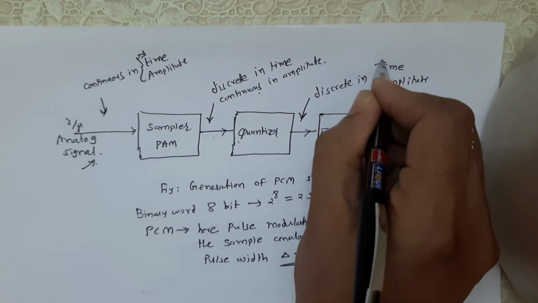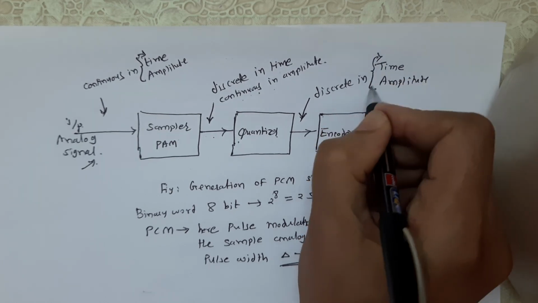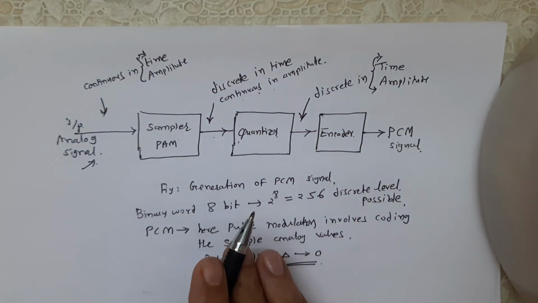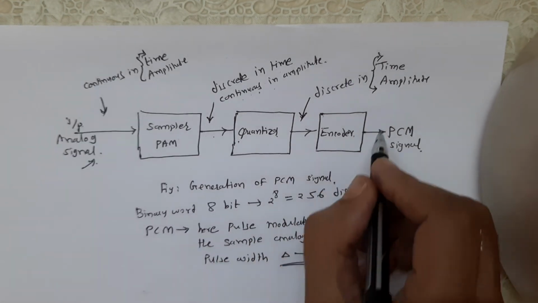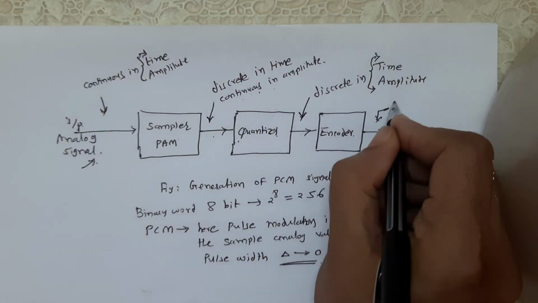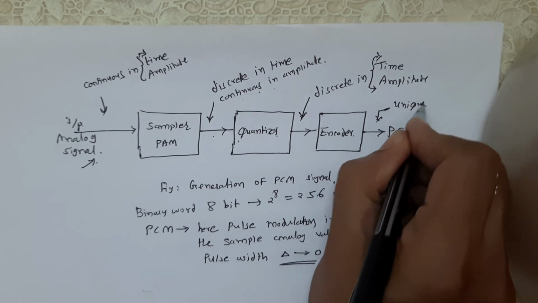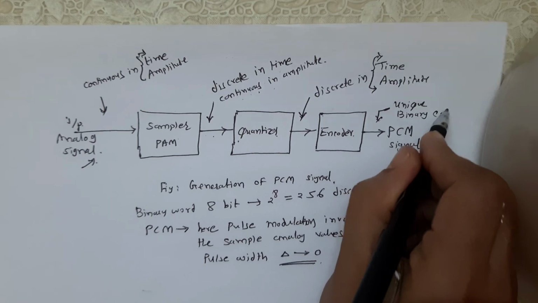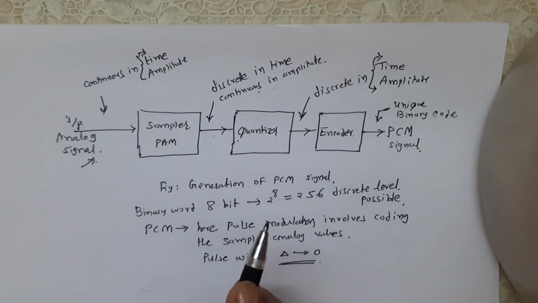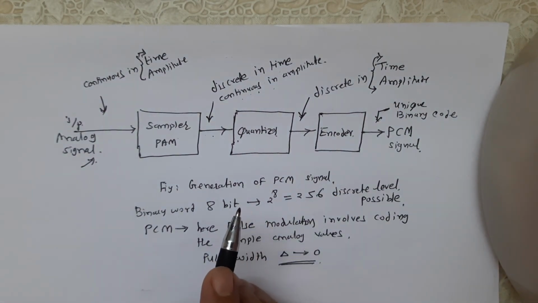Hence the output of the encoder will have a unique binary code.